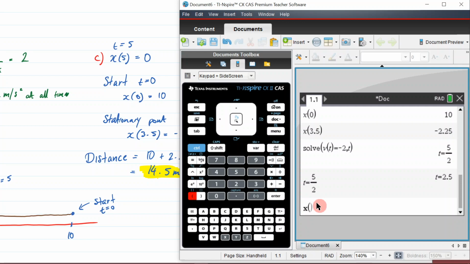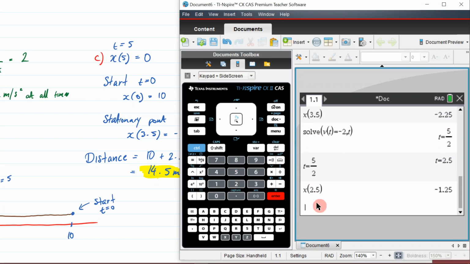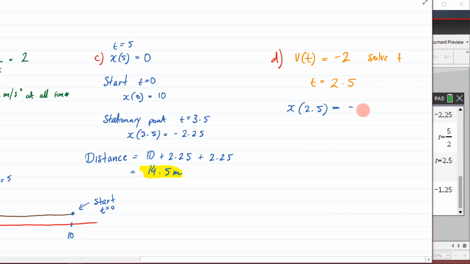So what is x of 2.5? It's going to be negative 1.25. So when it says at what position is this velocity negative 2, the answer would be 1.25 meters to the left of the origin. And that's going to be your answer there.